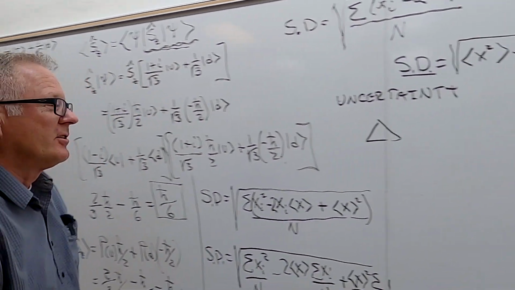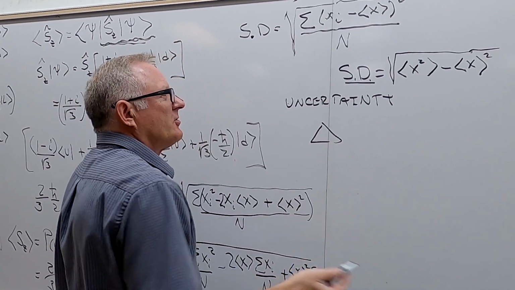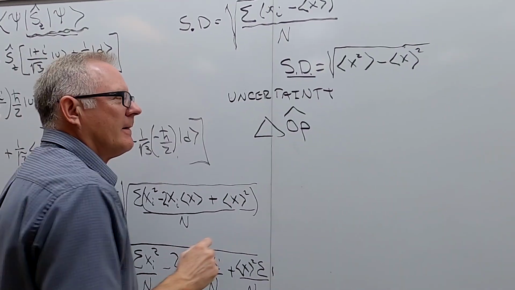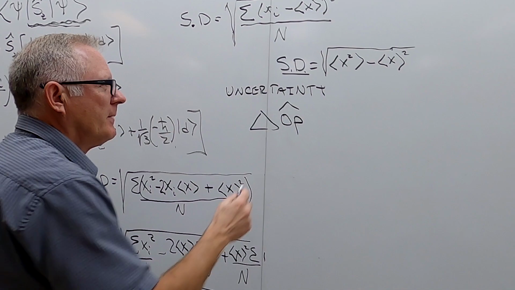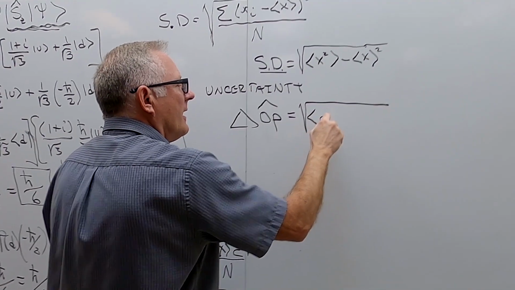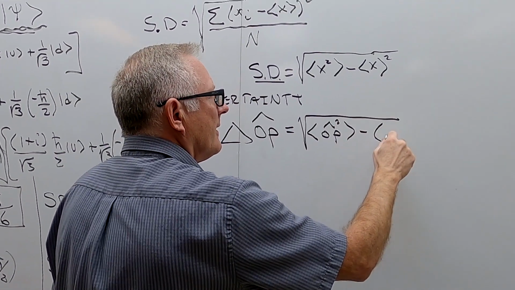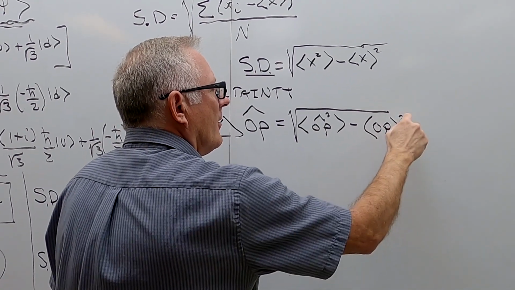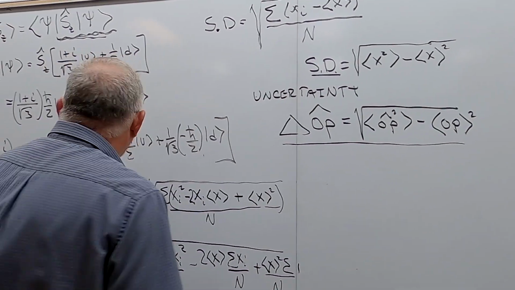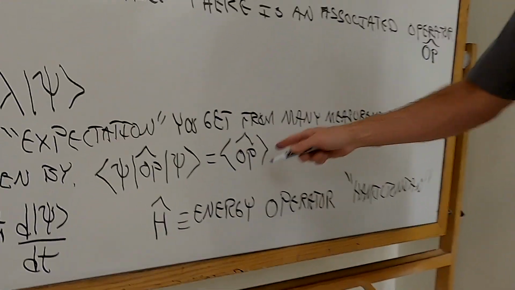Why? Because we used it for the uncertainty in x times the uncertainty in p. But we do it for an operator, right? For a certain measurement. So the uncertainty of an operator, or a measurement, remember that's associated with the measurement, is just going to be the square root of the operator squared average minus the operator average squared. So not only do we get an average here, but we also get the standard deviation of this average.